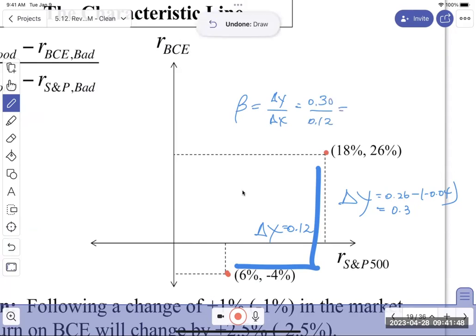So this ends up being 30 over 12, which is 2.5. Now we don't write a percent. This is an index.